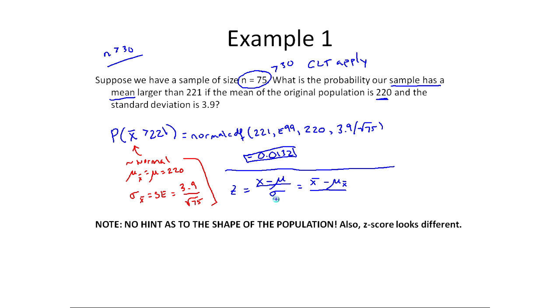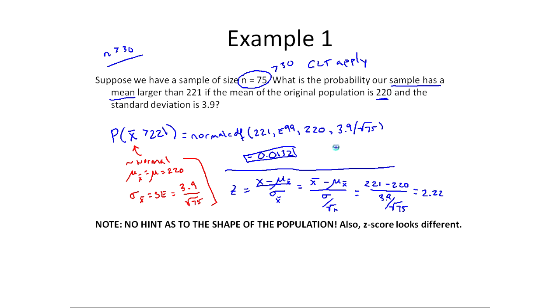And then this becomes the standard error, sigma over the square root of n. So you'd have to calculate this particular z-score. Here, we're curious about 221, and we're subtracting a mean of 220 and dividing by the standard error, which is 3.9 over the square root of 75. And you calculate this, you get a z-score of 2.22.